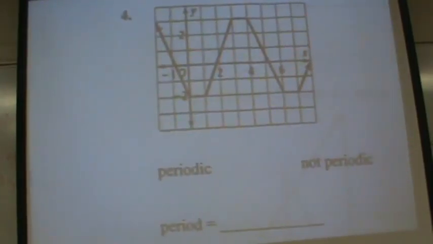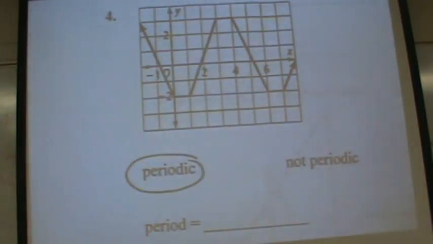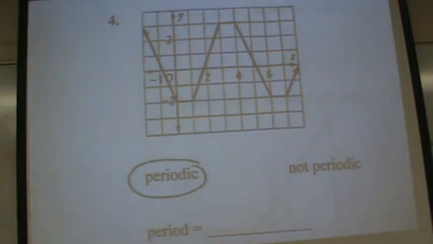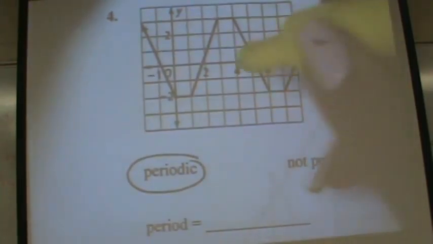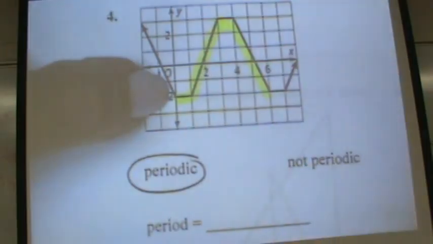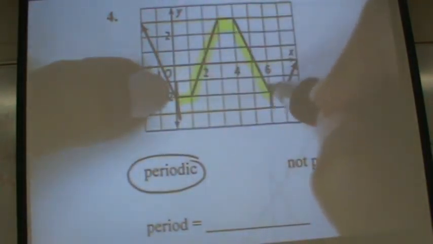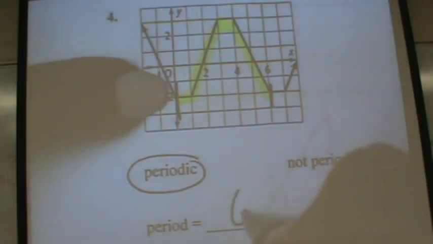Is 4 periodic? Yeah. Can you tell me how long that cycle is? 6. How did you figure it out? I started at the y-axis and I went to right there. So from here to here, that is 6 units. Good job.